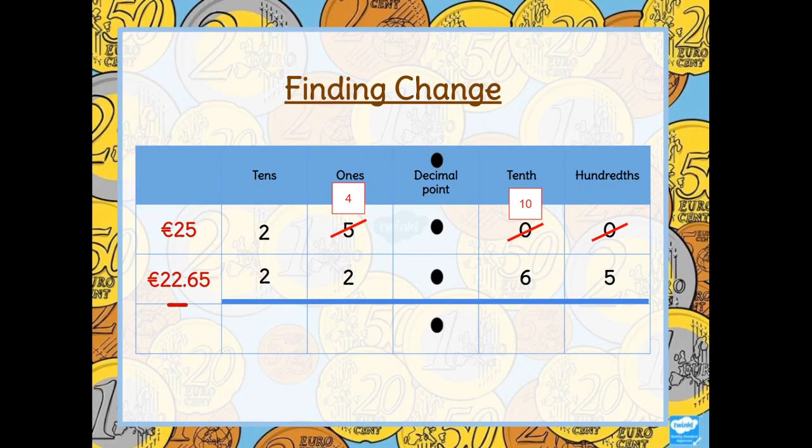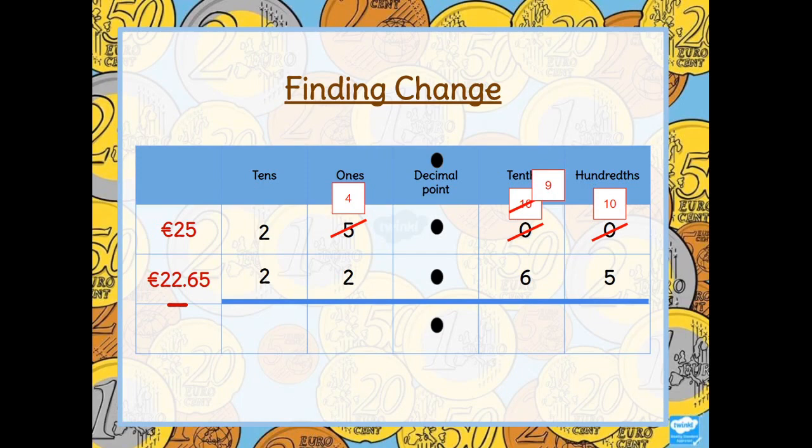because 10 tenths equals 1 whole. Remember, 1 euro equals 100 cents. And then we have extra tenths now to give to the hundredths. So we have 9 left because we are going to give 1 tenth to the hundredths. So we have 10 hundredths. So now we can subtract.